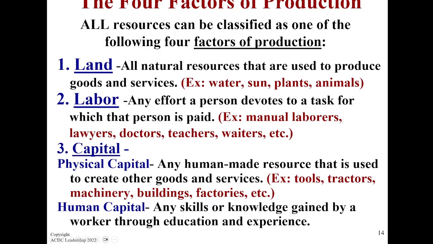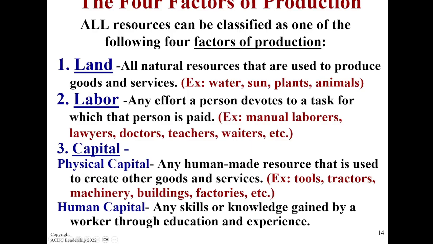And then the third one is capital, right? We already covered this earlier, but capital, think of it as efficiency. You are essentially becoming more efficient. That's what it is, right? So physical capital is any human-made resource that's used to create other goods and services, or more consumer goods.